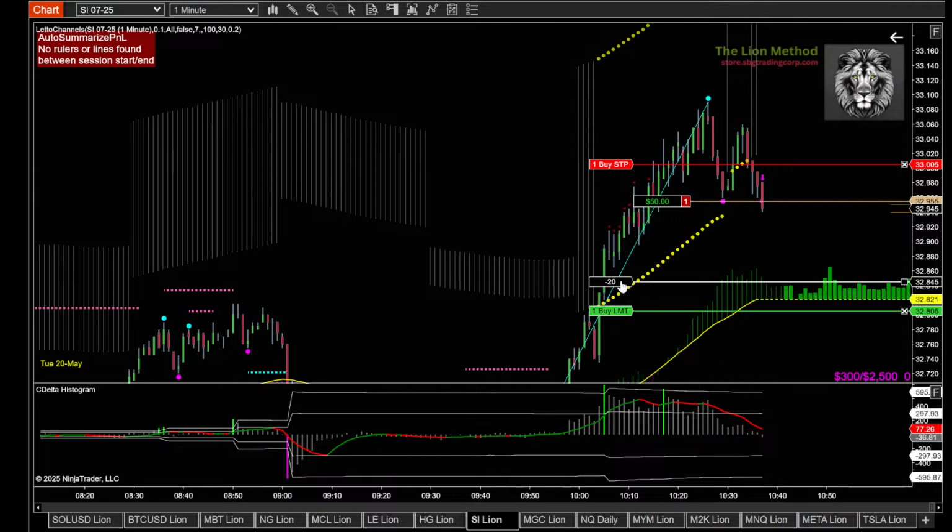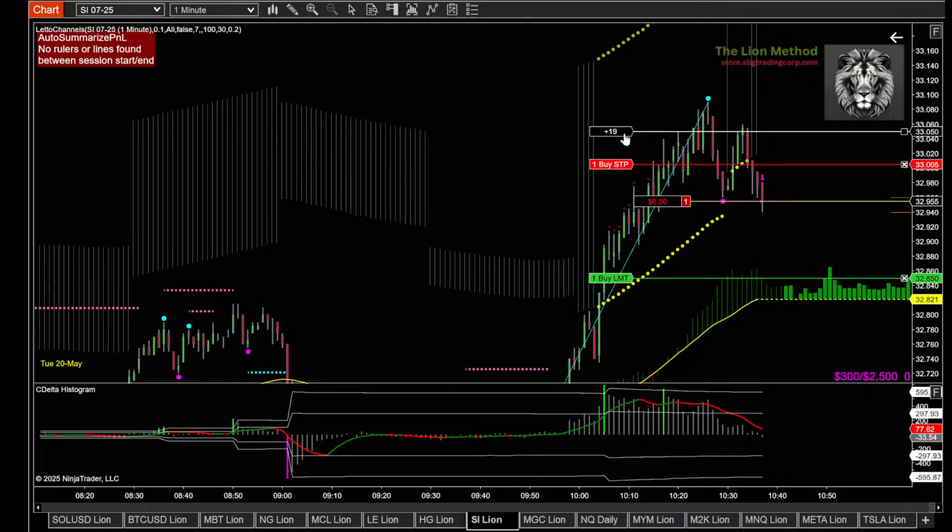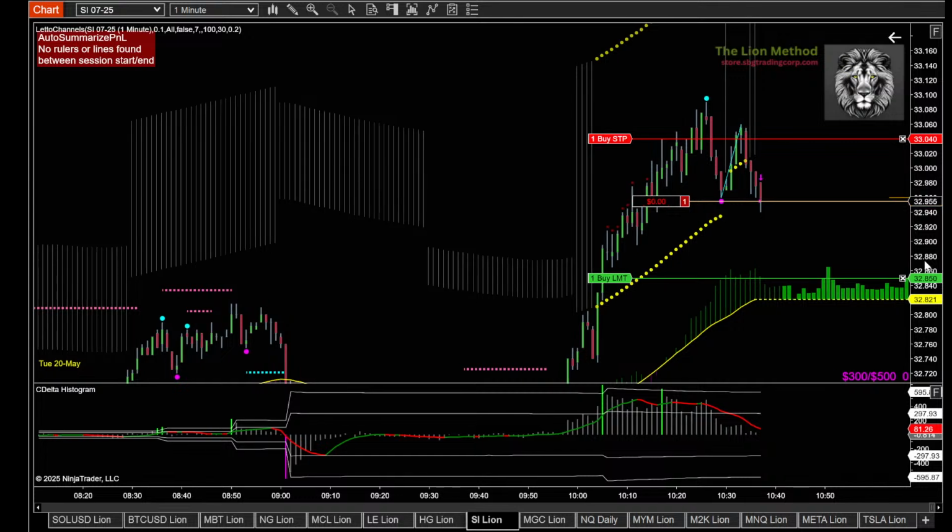Now the target is going to be a little bit higher than that. That'll print in a minute or so.